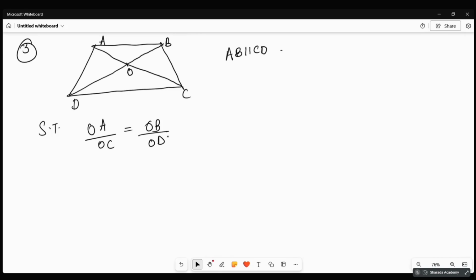So which two triangles can I take now? I have to prove OA by OC equals OB by OD. I should prove that these two triangles are similar. Which two triangles can I take? From the parallel lines, OAB and ODC. OAB and ODC. What will you get?